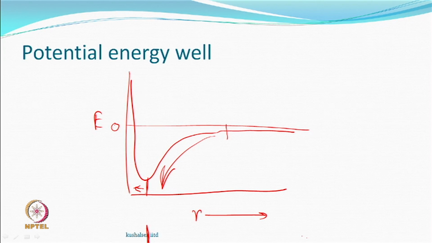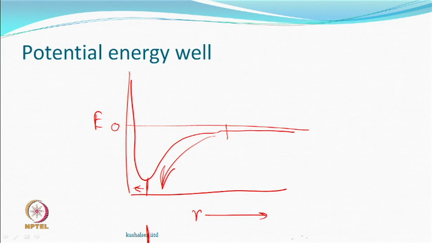So, automatically the atoms take a position, different atoms will take different positions. So, this process of coming close is automatic, spontaneous, only if the distance is, let us say, below a certain critical distance.